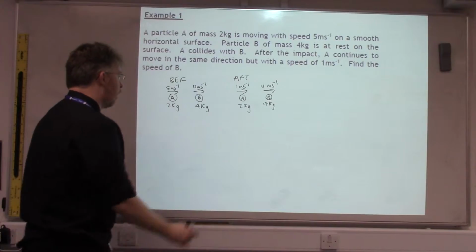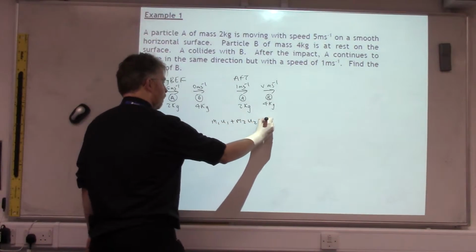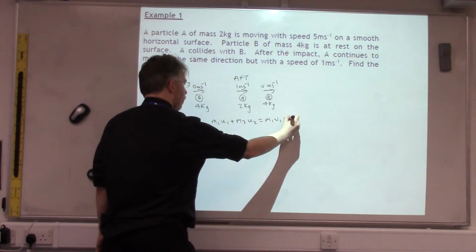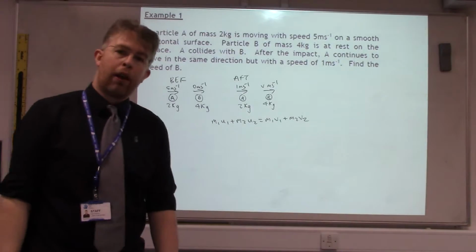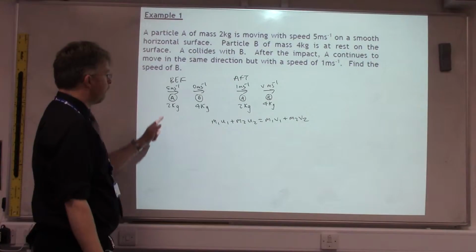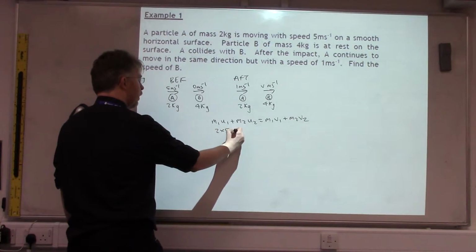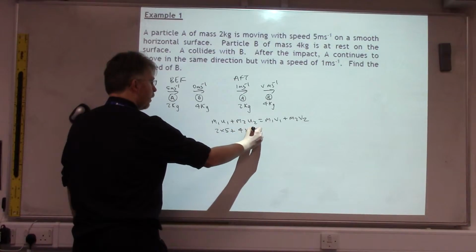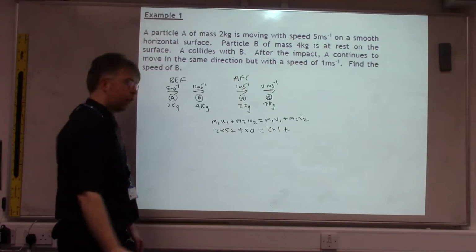So we can use the conservation of momentum formula. m1 u1 plus m2 u2 equals m1 v1 plus m2 v2. So to put the numbers in, 2 times 5 plus 4 times 0 equals 2 times 1 plus 4 times v.